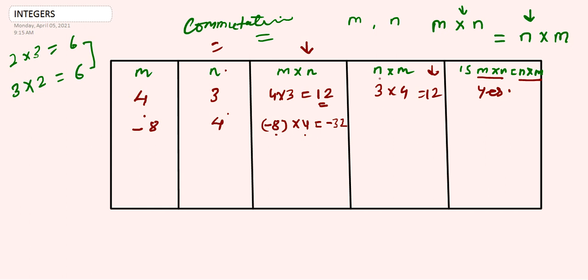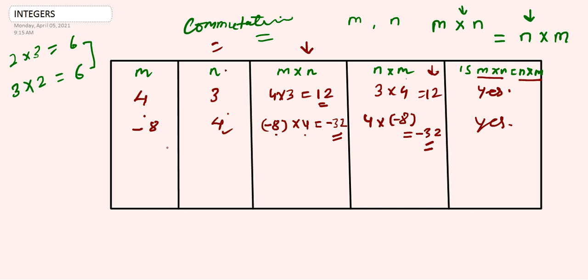Okay, now N into M, value of N is 4 into M, value of M is minus 8. So 4 into 8, 32, as you know very well. Then only one negative sign here, so minus only we are having here. So 4 into minus 8, minus 32. Now as you can see, M into N equals to N into M. Yes, minus 32 equals to minus 32. So your answer is yes. Okay.